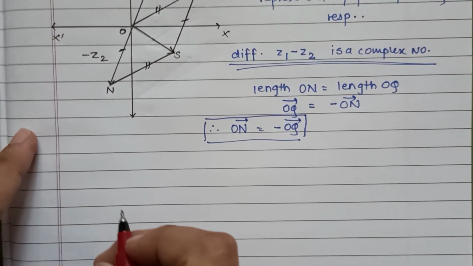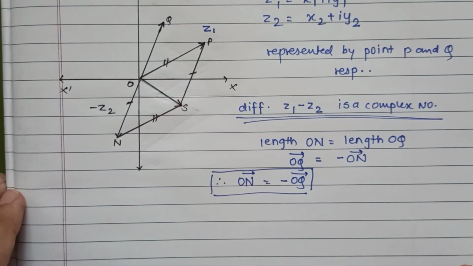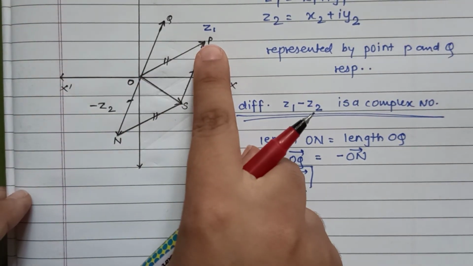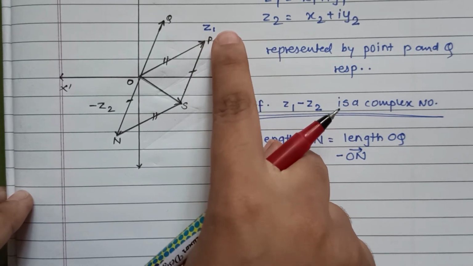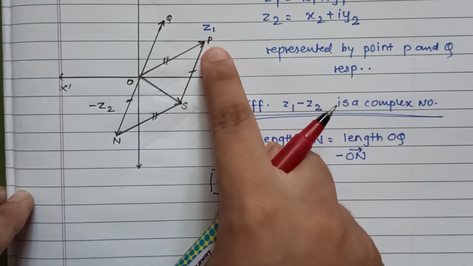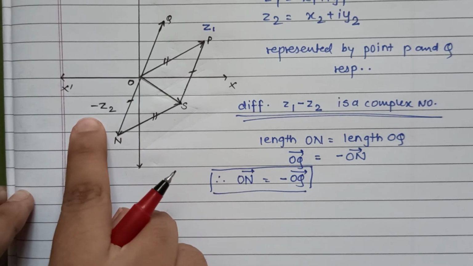Construct parallelogram OPSN. Vector OP is position vector of point P, representing complex number Z1. ON vector represents a complex number minus Z2.